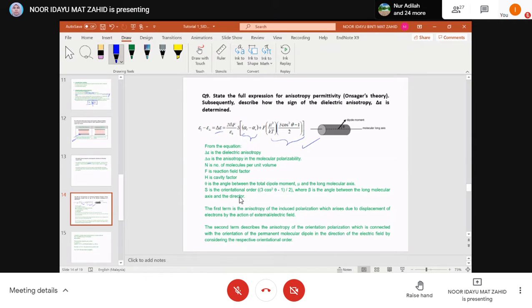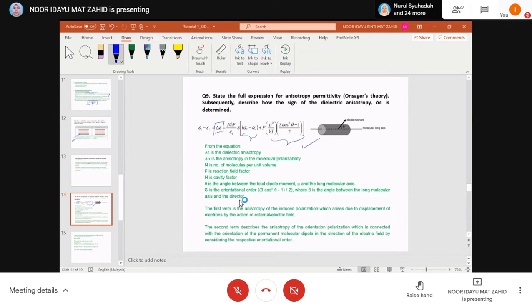The permittivity parallel minus perpendicular gives you the dielectric anisotropy, delta epsilon, which is equal to NhF divided by epsilon naught, multiplied by S in bracket, the anisotropy plus F plus mu and so on.